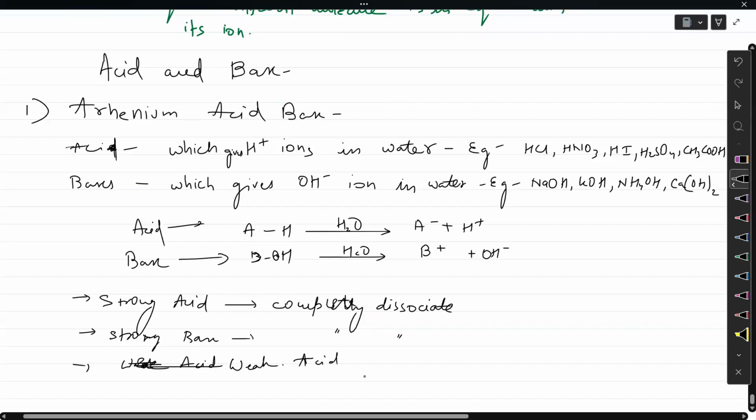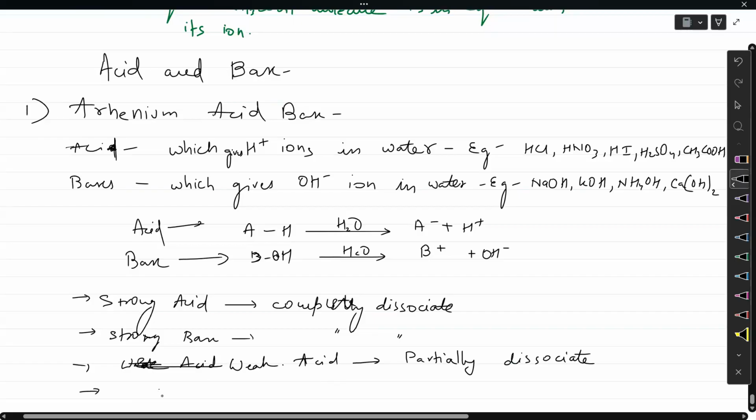As mentioned above, CH3COOH was partially dissociating, so it was a weak electrolyte and also a weak acid. It dissociates partially into H plus, and that is why it is an acid according to Arrhenius.